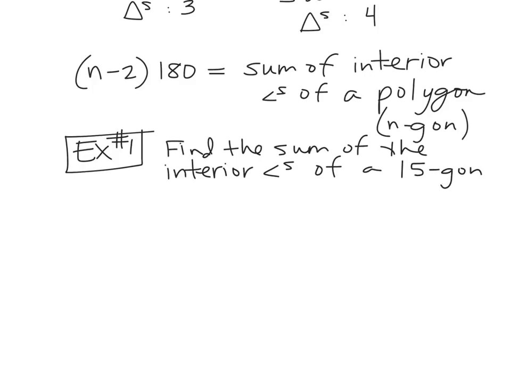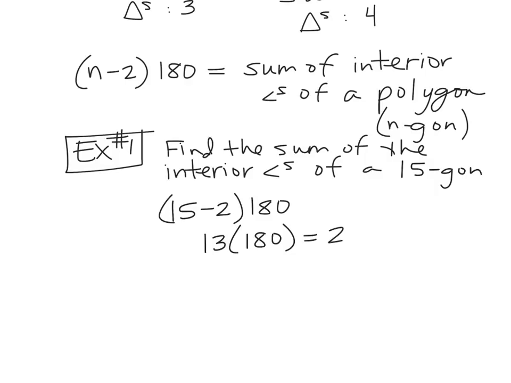Plugging in for a 15-gon, 15 minus 2 times 180. So really it's going to be 13 times 180. And when you plug that in, you get 2,340 degrees. So a 15-sided figure, if you added up all of its angle measures, would add up to 2,340 degrees. Does that make sense?